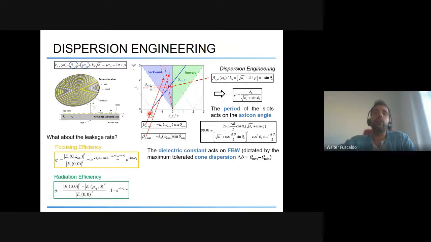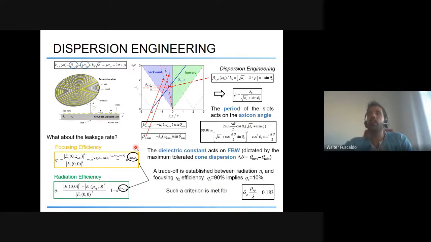And finally, we can size the slots, the width of the slots that are etched on this aperture, in order to have a leakage rate that is not too high, to prevent the formation of a Bessel beam, for the reasons that I explained at the beginning of the seminar.